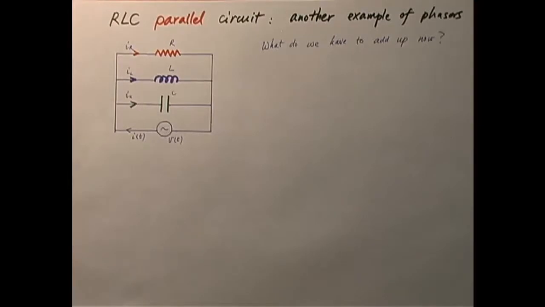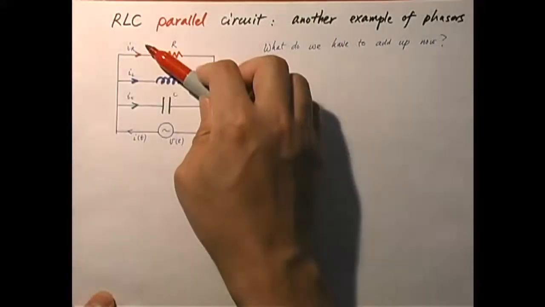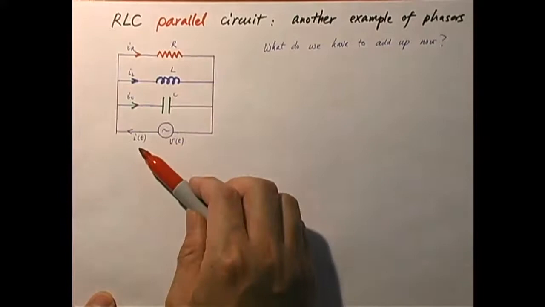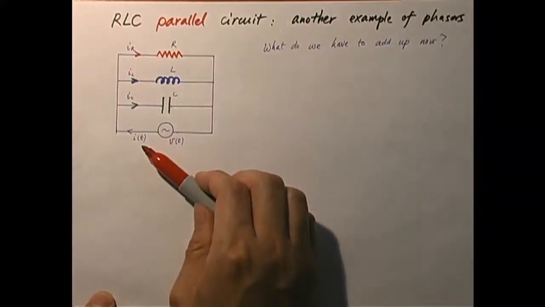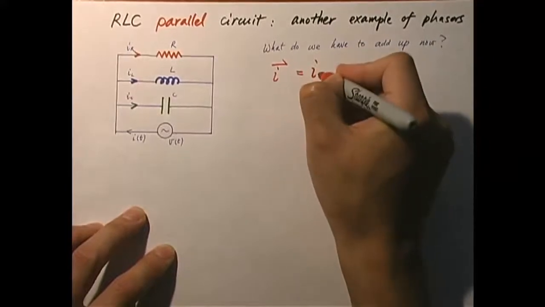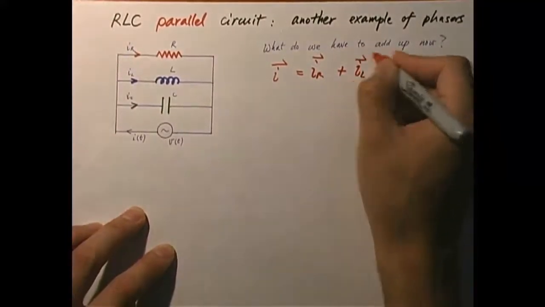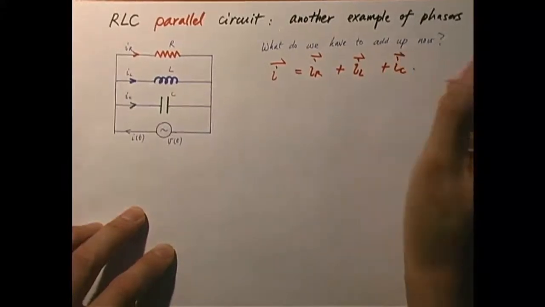Here, what do I draw instead? Well, I must draw the current phasors, right? Because when you add these three current phasors, you should get the current phasor for the total current I. So now I have I equals IR plus IL plus IC.